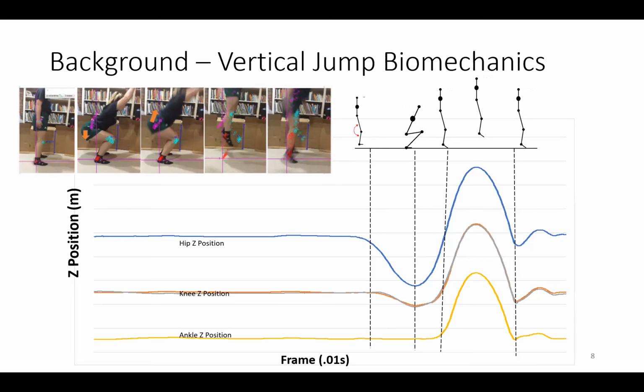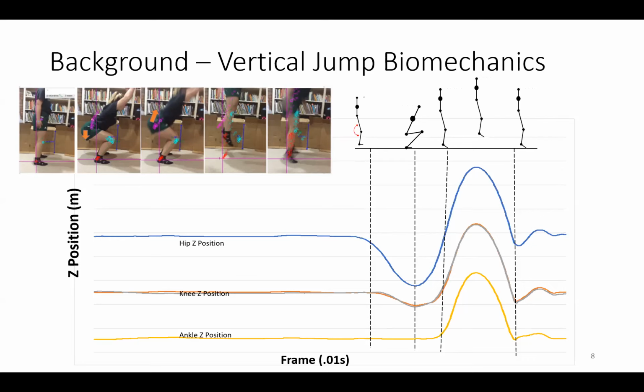So as you can see, as you begin to crouch, your hip lowers dramatically, your knee lowers a little bit, and your ankles remain stagnant. As you begin to accelerate upwards again, you rise, and once you take off, once you reach peak, your height is at its maximum. So these dotted lines, we segmented each section of the jump.